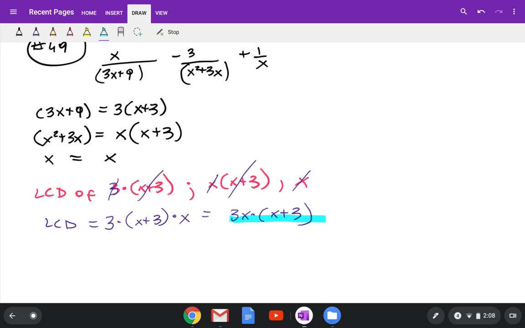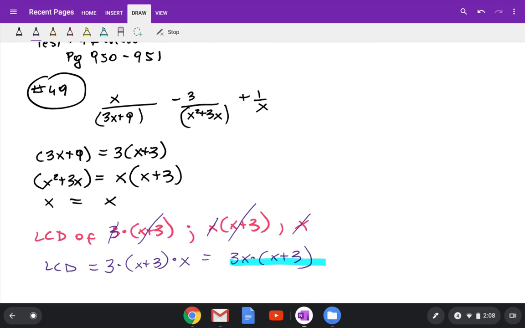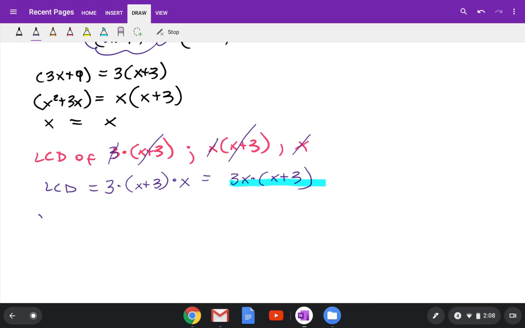Okay, next, what you need to do, you need to build equivalent fractions. So I'm taking the first one, x over 3x plus 9, which is the same as x over, again, we factored 3x plus 9, so we end up with 3 times x plus 3.